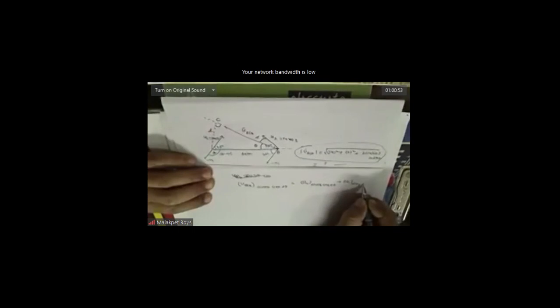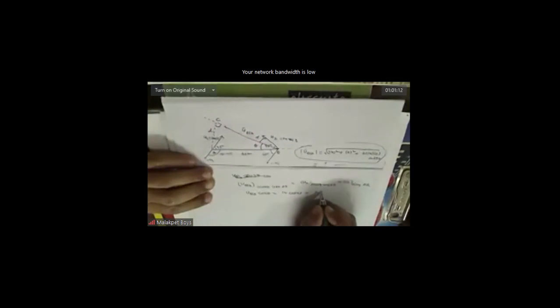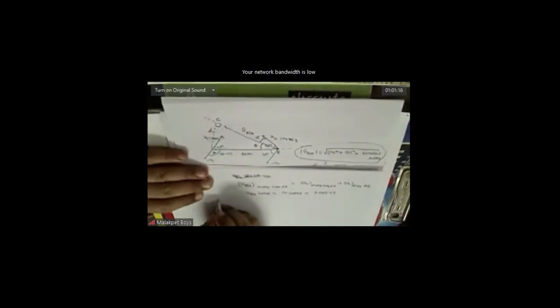This is nothing but UBA cos theta. This is 14 cos 45 plus this is 2 cos 45. Do you agree with this?